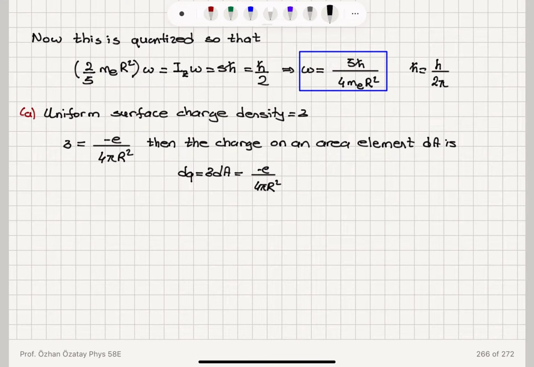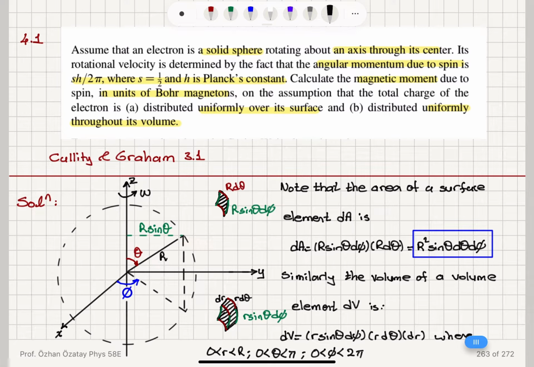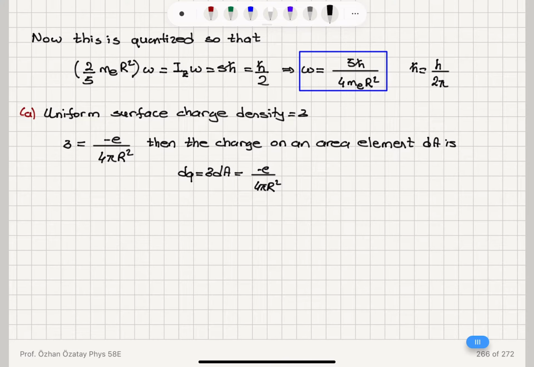And as for the surface area element, if we look at our calculation in the previous video, it's R squared sine theta d theta d phi. That's our area element, so we're going to substitute that here.